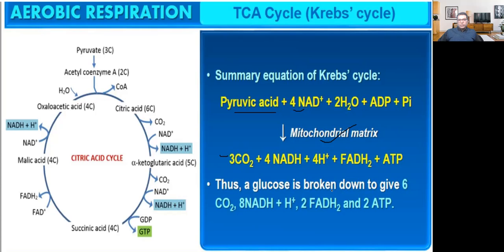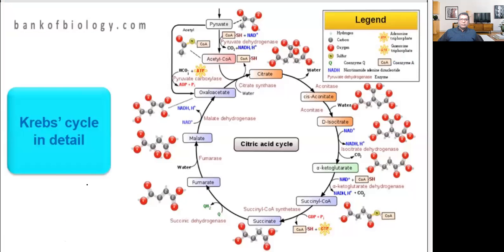For glucose, which is broken down to give 6 carbon dioxide, 8 NADH, 2 FADH and 2 ATP. This is the Krebs cycle in detail.